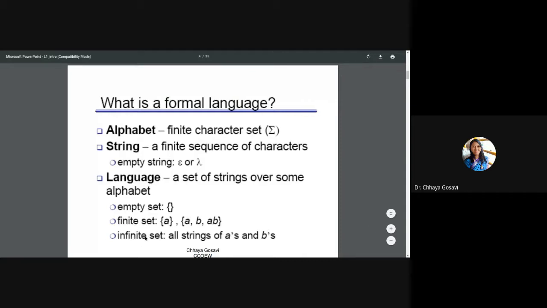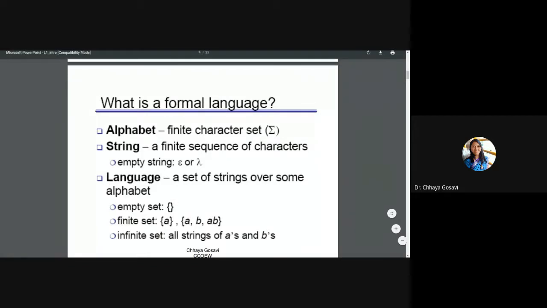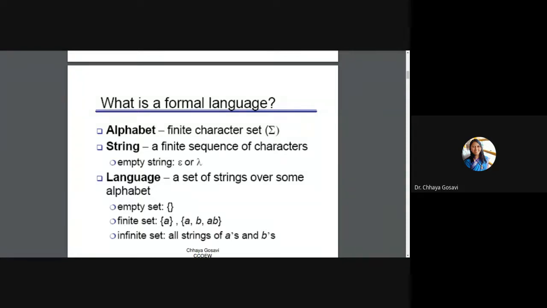You can define a string like all strings with A's and B's, all strings where A is followed by B. So we can have infinite strings, finite strings and the empty string, which will make a language. Is it clear what is alphabet? Finite character set; string is a sequence of characters; and language is a set of strings over some alphabet.